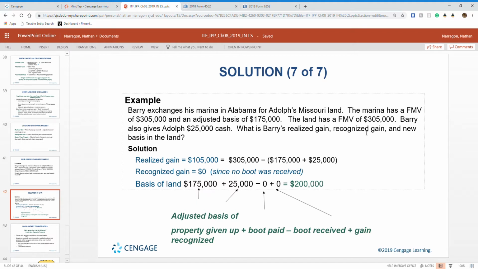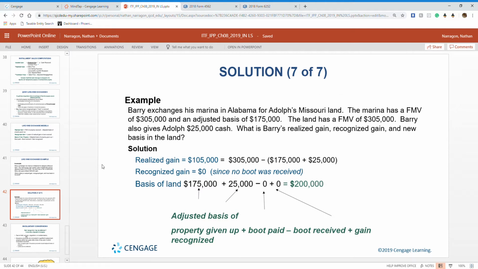And then so basis in land, well, adjusted basis there is none because it's land, plus boot paid, subtract by his actual. So this gets a little crazy with land.